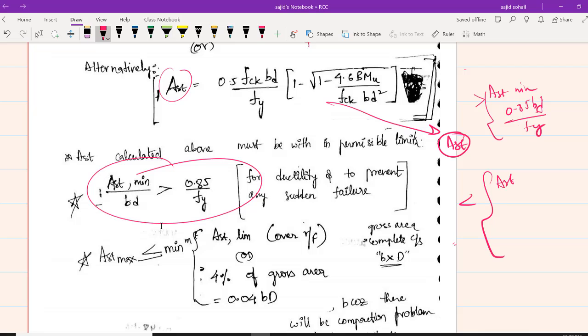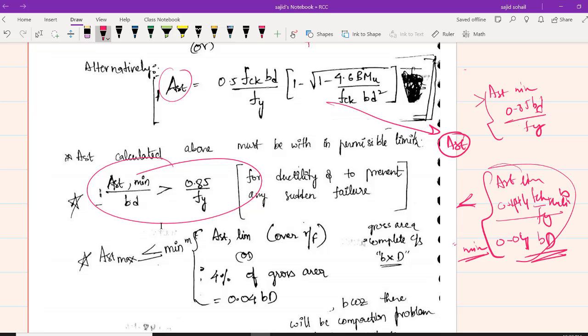How much is the balanced section AST limit? 0.414 fck by fy into xu limit into B. And the other case is 4% of gross area, which in numerical value is 0.04 into B into capital D. I said gross area, therefore B into capital D. So your maximum AST should be less than the minimum of these two values. So your AST should be lesser than these two values and greater than the minimum value. End of story. Did you understand the concept?